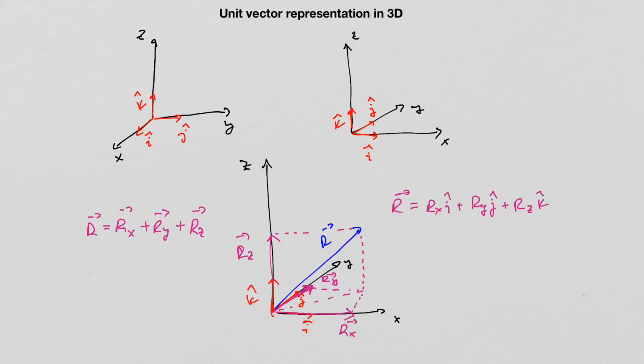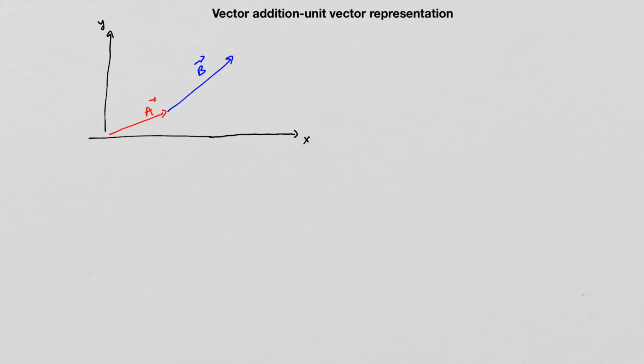Let's now illustrate the process of vector addition, and let's start with a two-dimensional example. So in a two-dimensional coordinate system, x and y, I have two vectors, A and B, that I want to add together. So I already conveniently placed them in a tail-to-head arrangement.